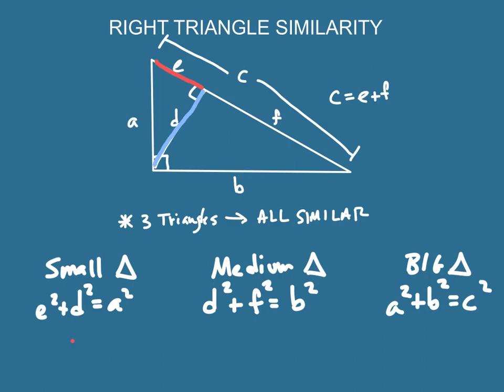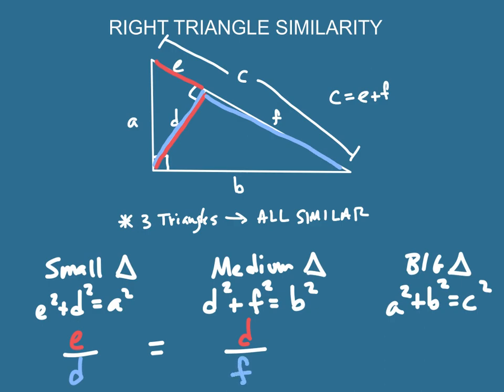So if I write this out as E being divided by D, okay, that's going to be equivalent then to, so if that's what I'm setting up in my small triangle, I can relate that to my medium-sized triangle, and I can set this up as D, that's the short leg, divided by my longer leg in this case, which is F, okay?